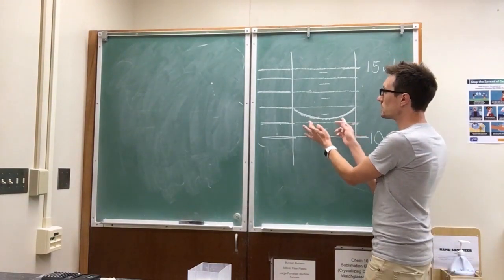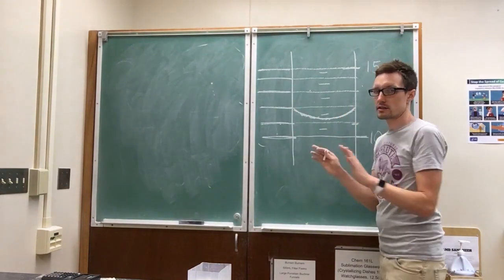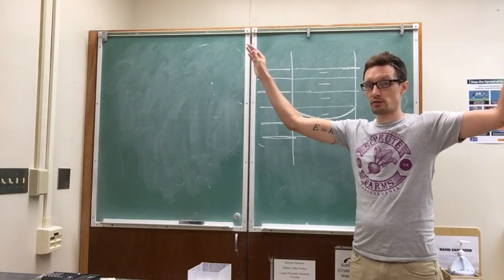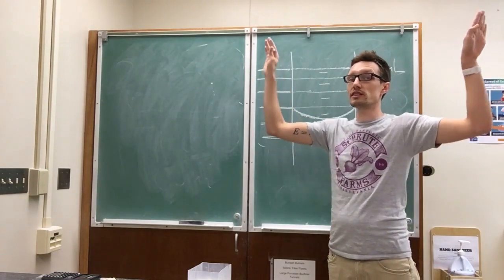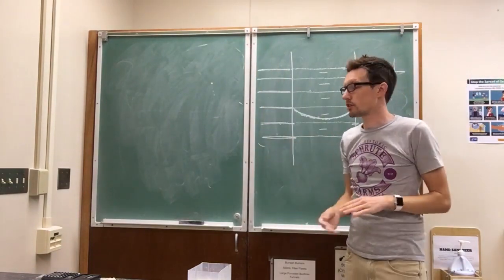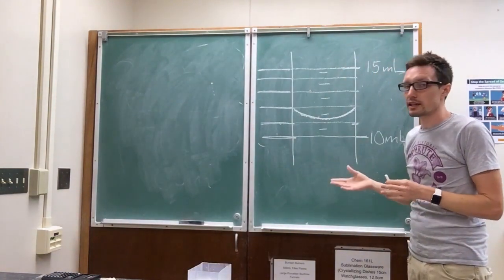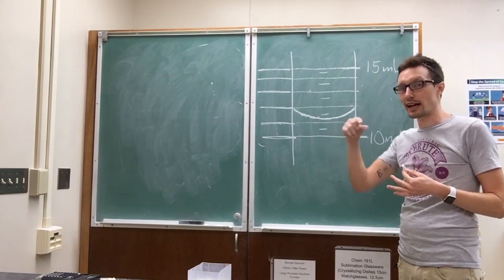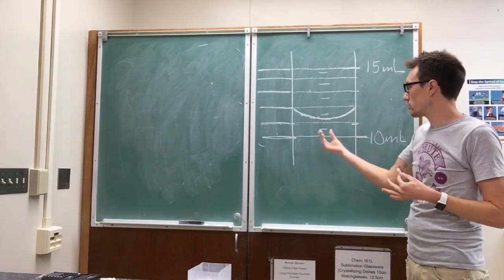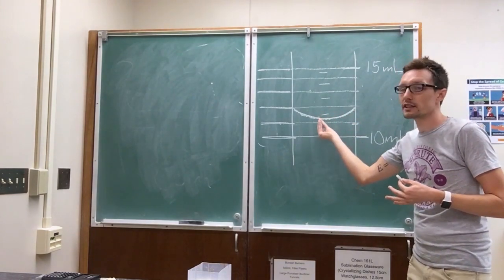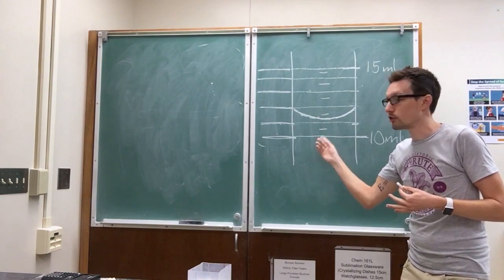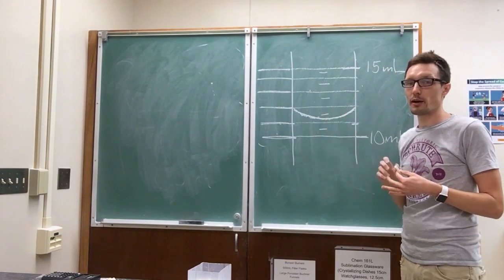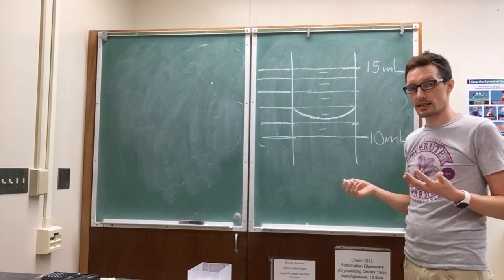It's creeping up the sides because it's attracted to the glass, literally trying to pull itself up out of the cylinder. Then gravity is more effective at pulling it down in the middle of the cylinder, where there's no glass for the water to pull up. So you get what's called a meniscus.